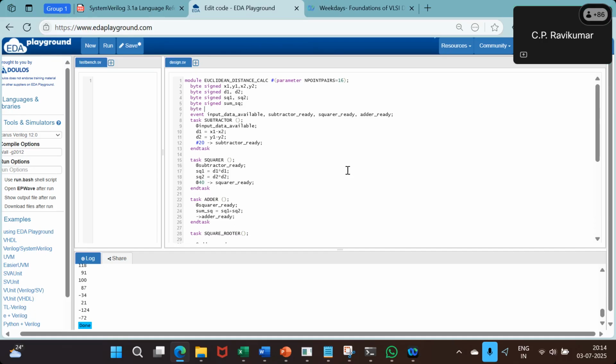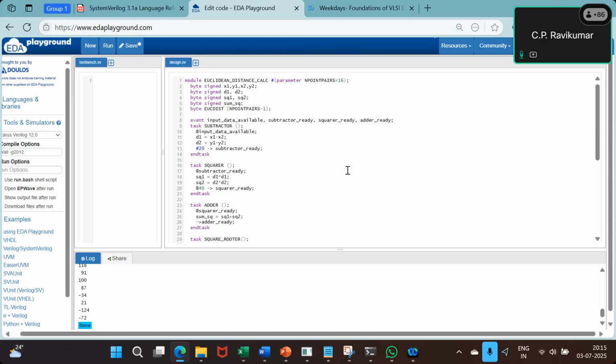Maybe it's called Euclidean distance, and it will have n points, so there is one distance for every point.